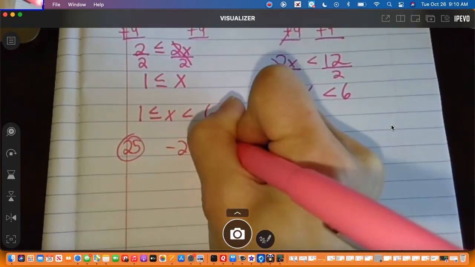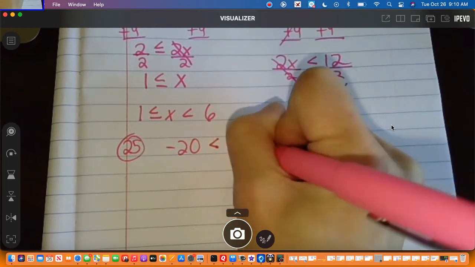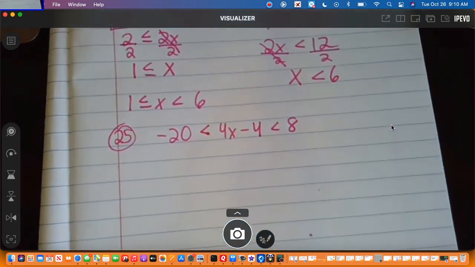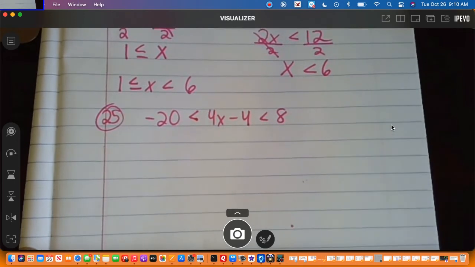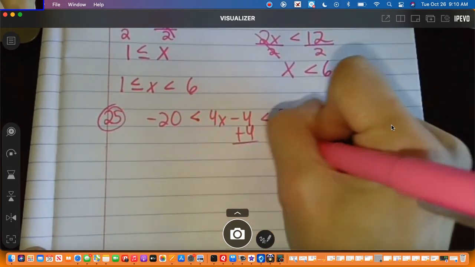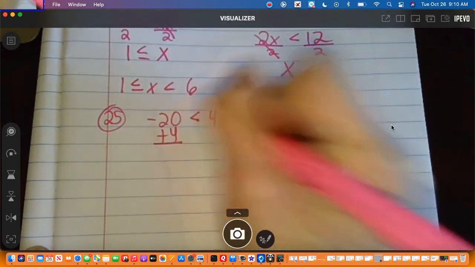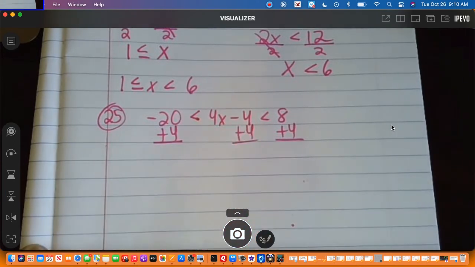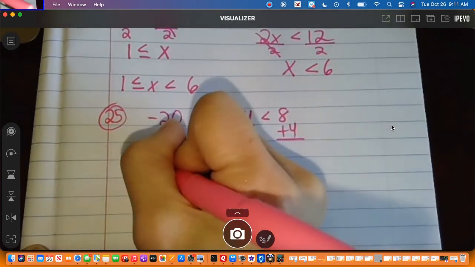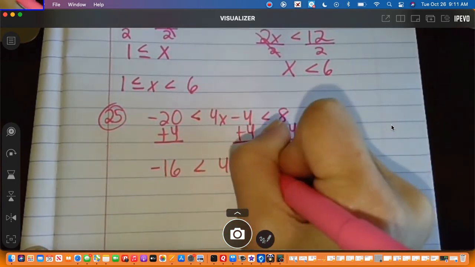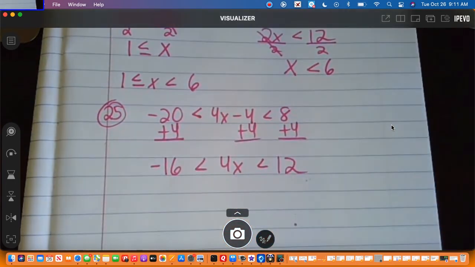Negative 20 is less than 4x minus 4 is less than 8. What do I do? Add 4. Okay, you add 4, and that's why it's easier to split it up. So I get negative 16 less than 4x less than 12.